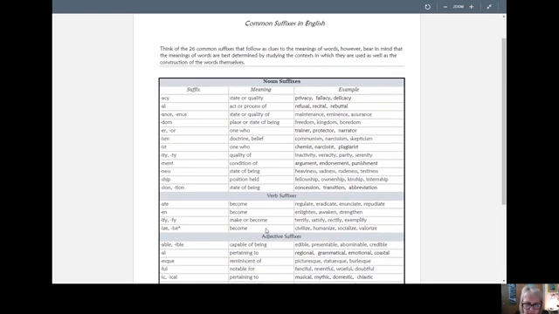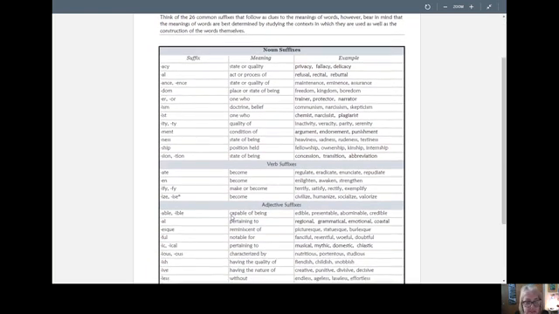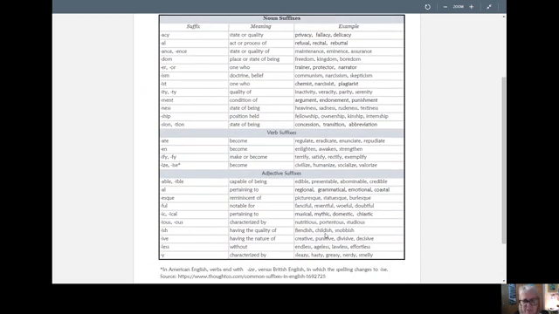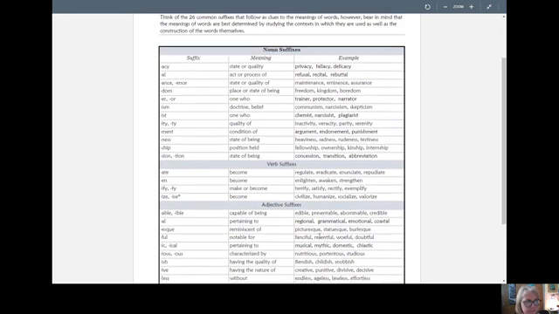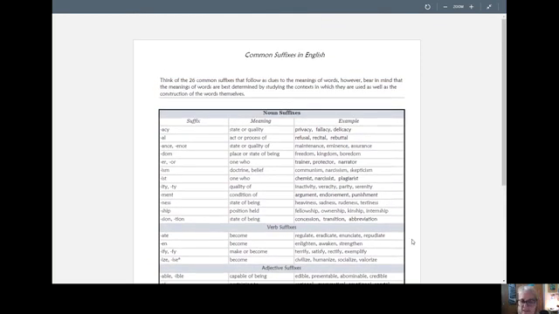And there's a lot fewer verb suffixes here, but I do want you to learn these. And then we have our adjectives, many adjectives, which describe our nouns. And then the one adverb I want you to remember is LY, and that describes the verb. So this gives you a little picture of suffixes and just a review of the common suffixes.